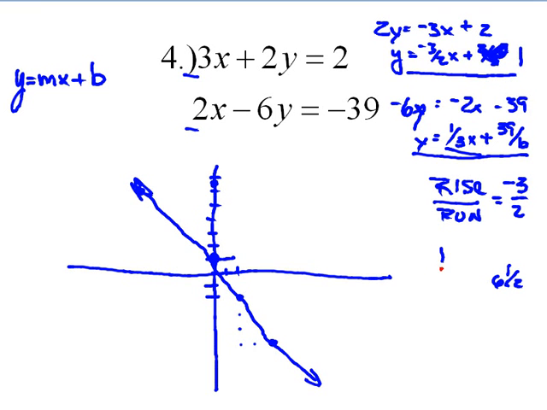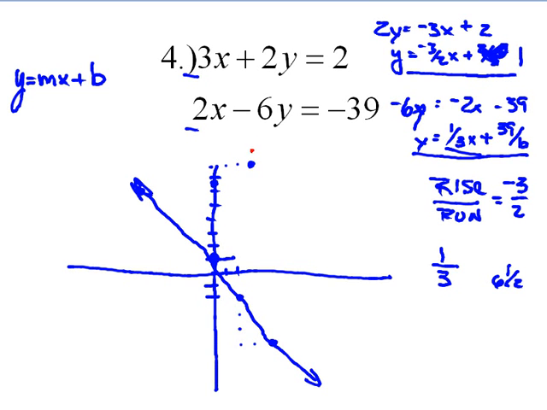We have a rise of 1 and a run of 3. So we're going to rise 1 and run 3. 1, 2, 3.